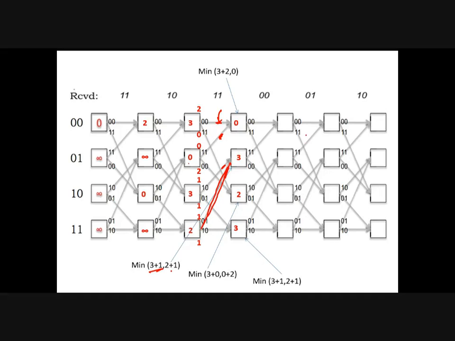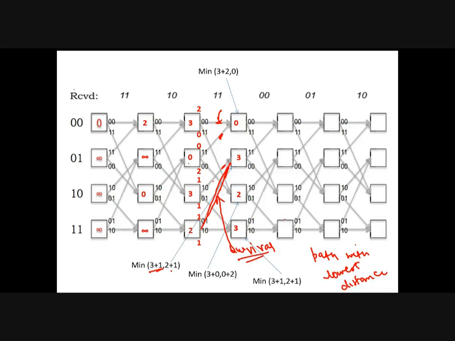Okay. So in every case, when we compare this path with this path, because this has the minimum distance, we will call it the survival path. Whichever path remains after comparing the paths, the one with the lowest distance, is known as the survival path.